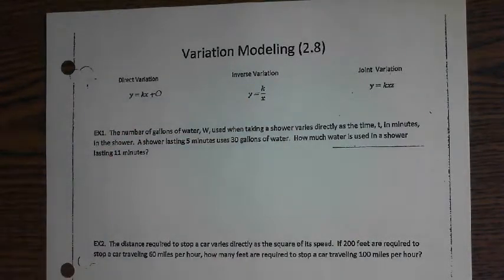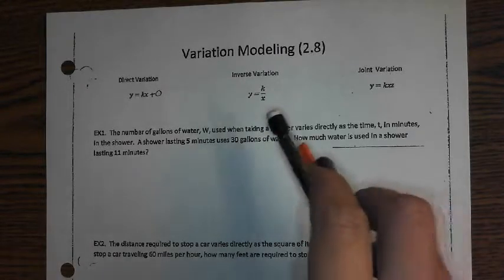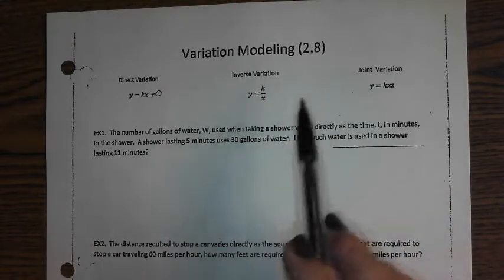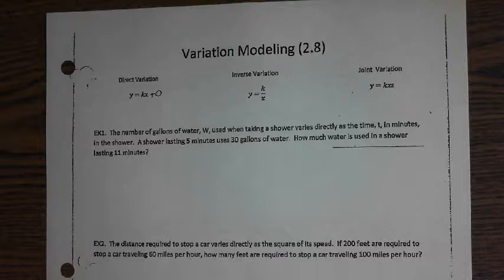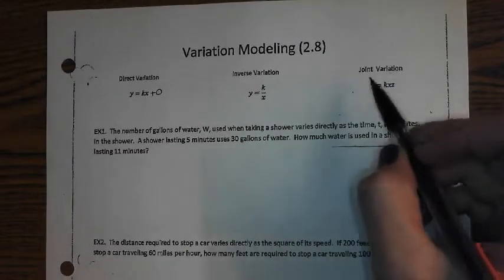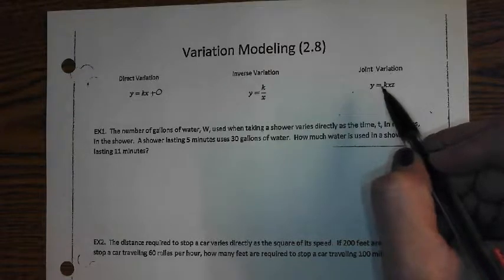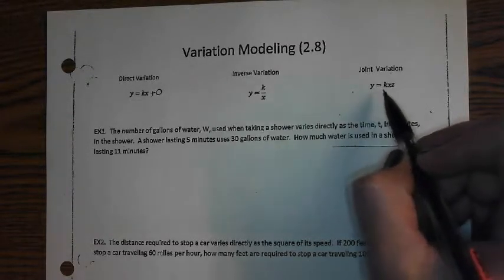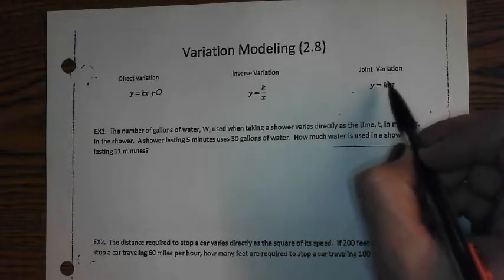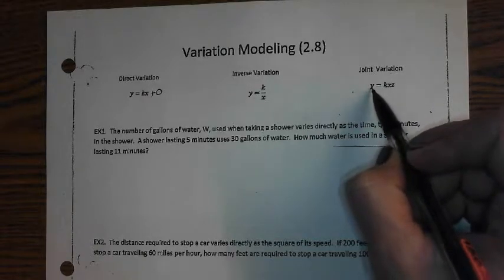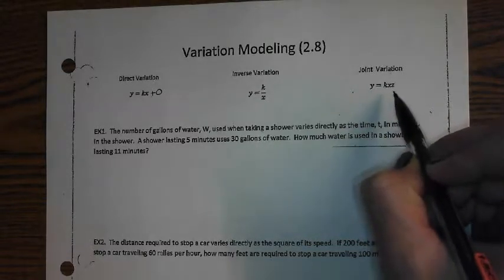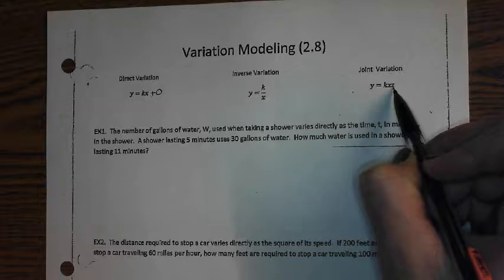Inverse variation is when two variables vary with each other in a rational type relationship. And there is no y-intercept here, so y equals k over x is the format. And joint variation is when you've got more than two variables. So this particular version of joint variation has y varying directly with x and z.